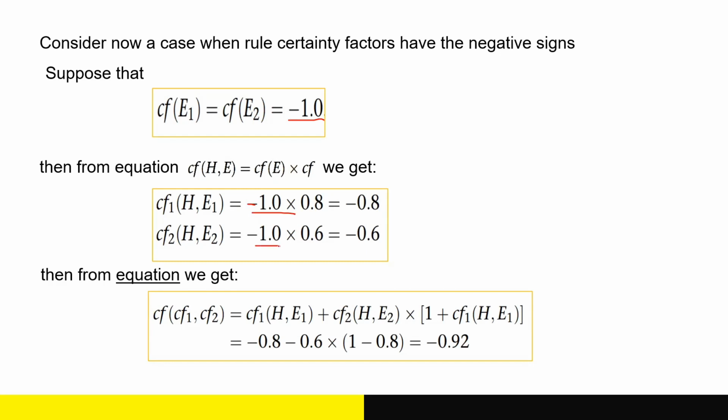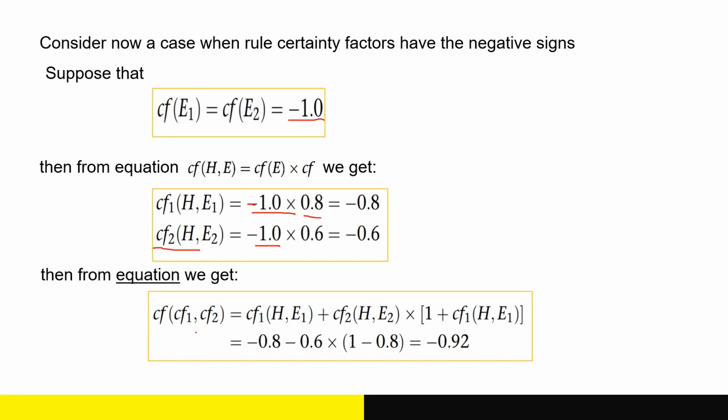So our certainty factors of evidence are both negative. The certainty factor for the evidence is 0.8, so negative 1 multiplied by 0.8, we have negative 0.8. And the certainty factor of hypothesis given evidence 2 is negative 0.6. Kasi both negative siya, so we will go with the third equation.